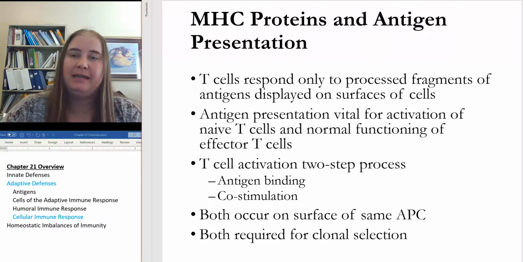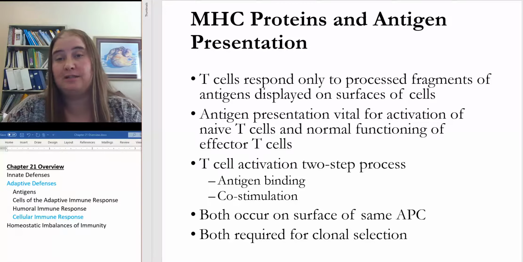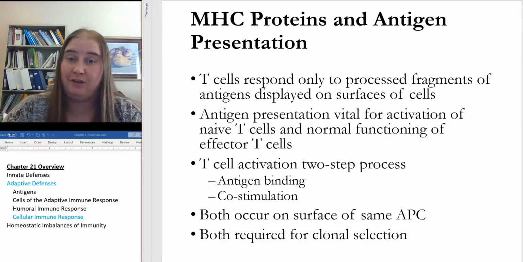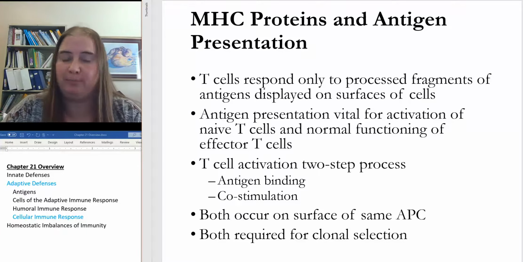It has to be activated through fragments or antigens that are present on the surface of an antigen-presenting cell. So antigen presentation is vital for this activation of this naive T cell, and this activation requires a two-step process.